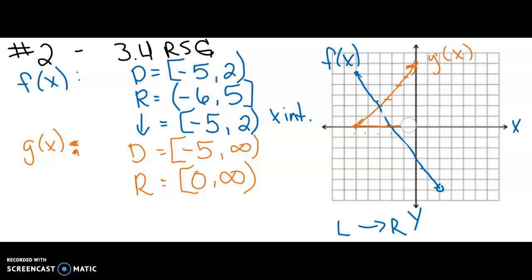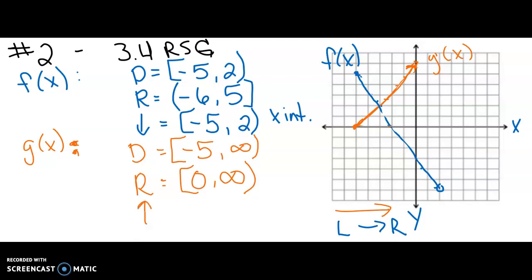So then I'm going to erase all of my extra work so that I can see what's going on for the last part of the question, which is, oh, I got to talk about increasing or decreasing. This line, the orange line, is increasing over its entire domain because as I move from left to right, I'm going up, up, up, up, up.